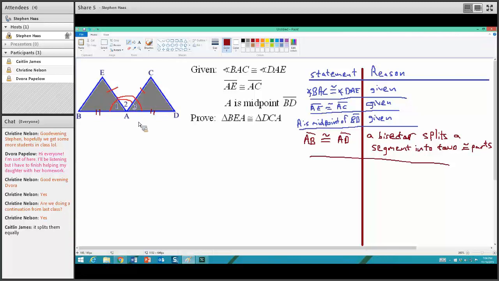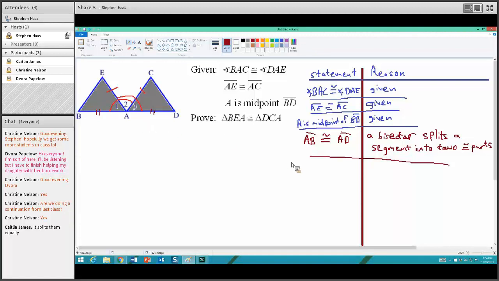So all we really need is to get angle 1 and angle 3. So how would we go about doing that? Well, think about it. If you subtract angle 2 from each of them, they still have to be equal, because angle 2 is equal to itself.